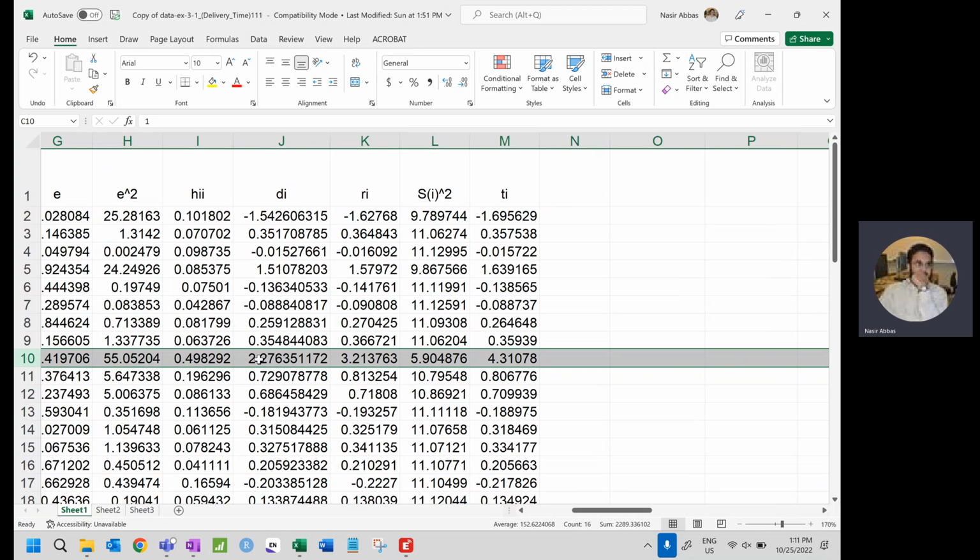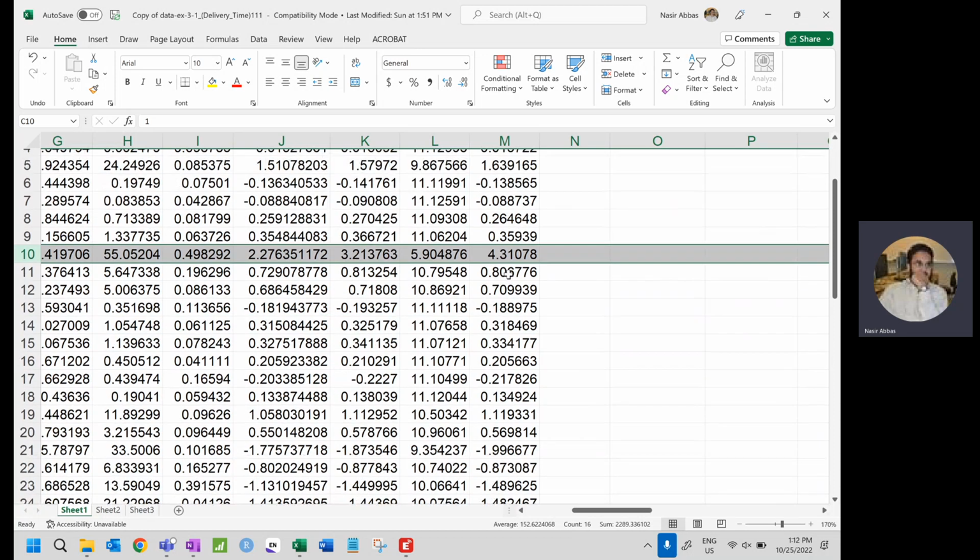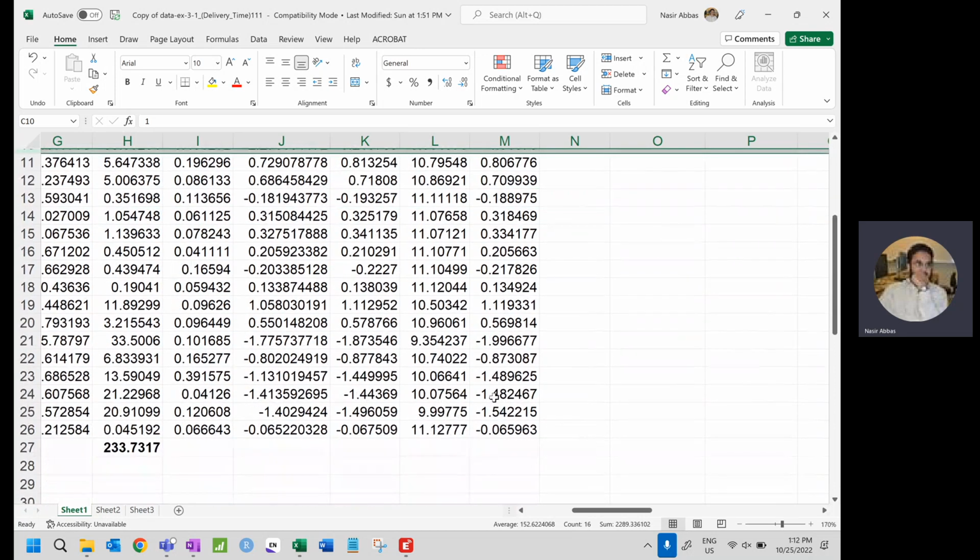So DI failed to detect it. RI, on the other hand, was able to detect it because RI went beyond 3 point something. And TI very clearly detected this point. If we look at TI, there is no other value that was detected.